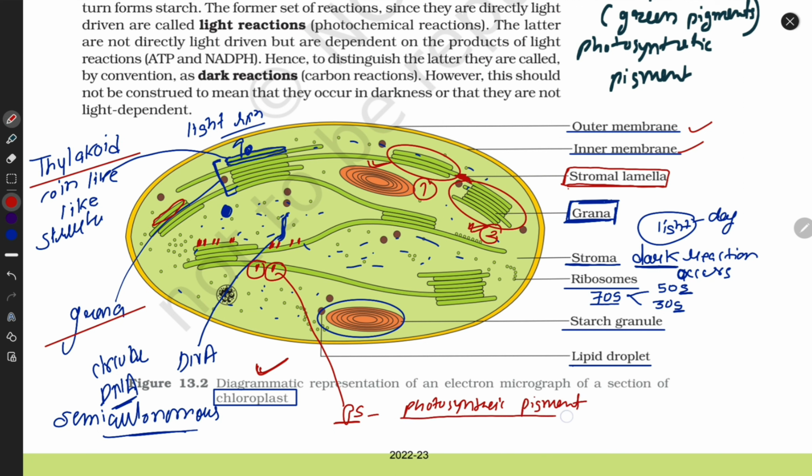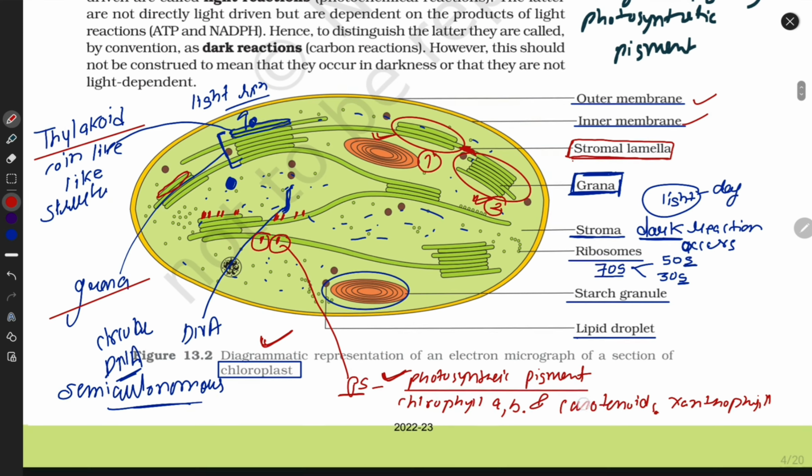They contain photosynthetic pigments like chlorophyll, which may be chlorophyll A or chlorophyll B. Next, carotenoids also work as photosynthetic pigments. Xanthophyll is also a photosynthetic pigment.